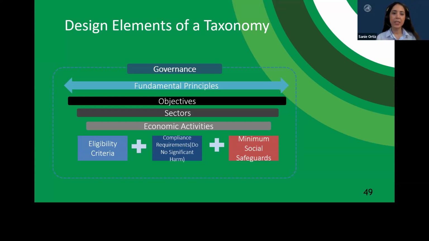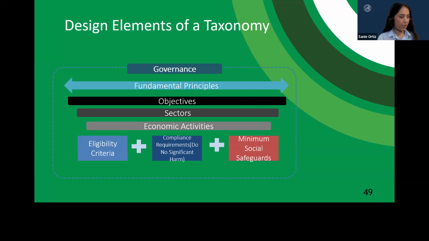How do they select the economic activities? Pretty much similar to what the previous speaker said about the Bangladesh Bank, the eligibility criteria. What is that? Activities that contribute to the NDCs, and also compliance requirements, that activities do no significant harm, and the last one, the minimum social safeguards.